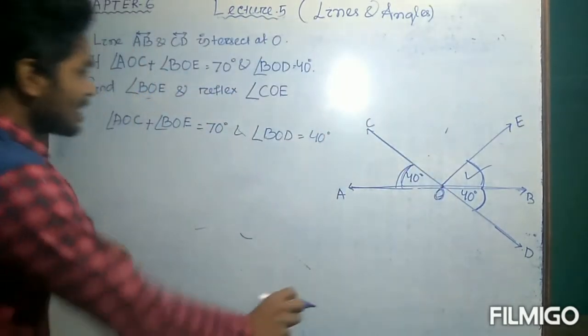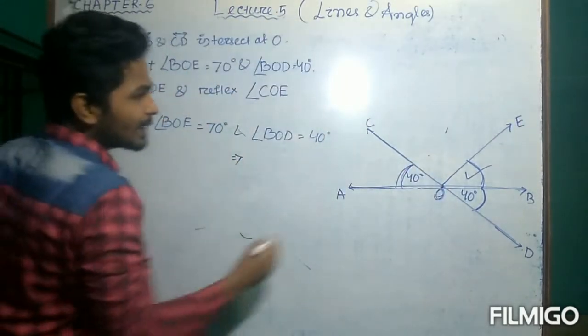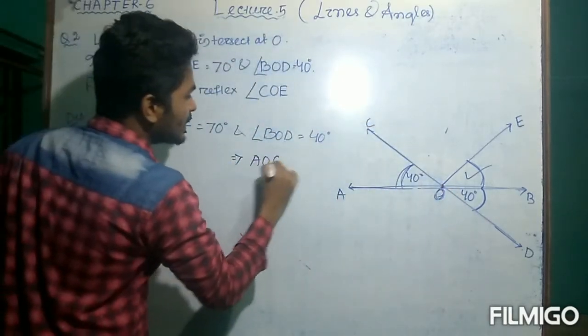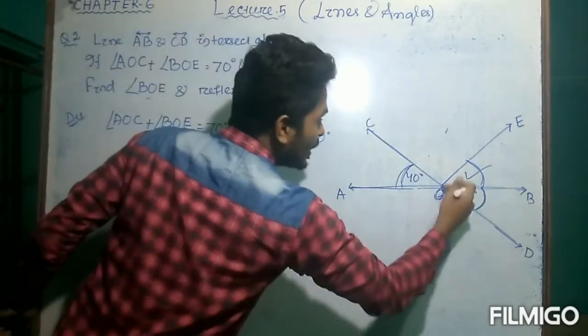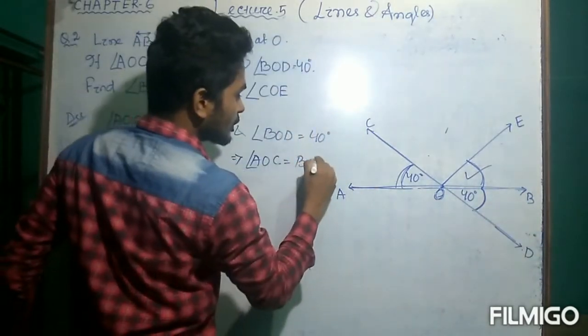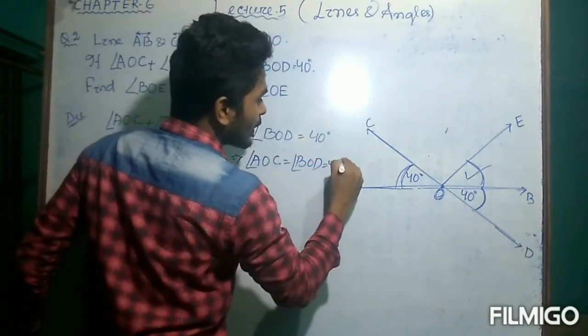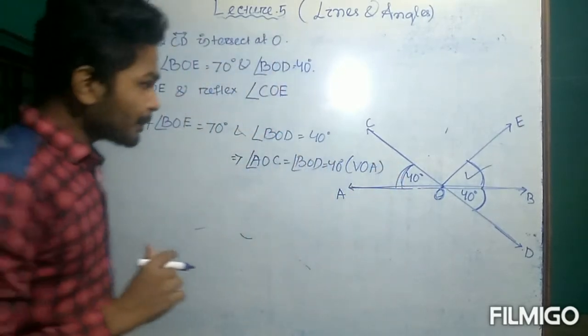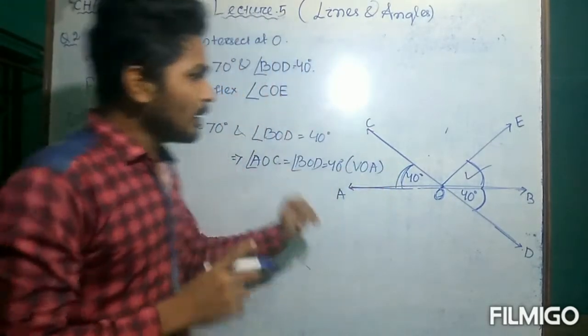What is the reason? So write it. Implies AOC is equal to BOD is equal to 40 degree. What is the reason? Vertically opposite angles. Okay, you have to reason it, you have to think it.